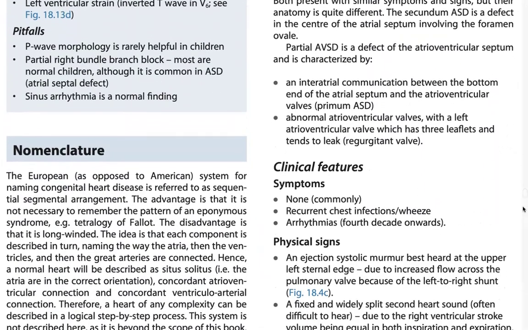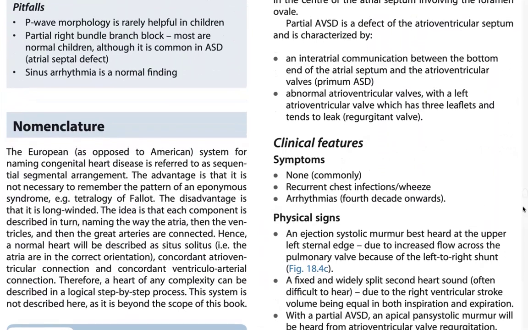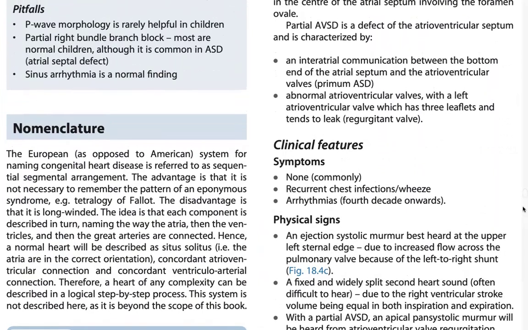So in normal social, the European is a Christian medical system in the main concept of how disease across sequential segmental arrangement. The advantage is that it's not necessarily the pattern of any pulmonary illness syndromes and fellow disadvantages that belong with it.